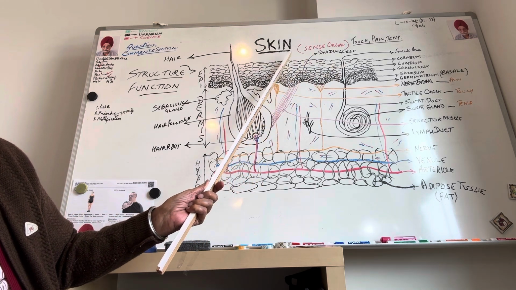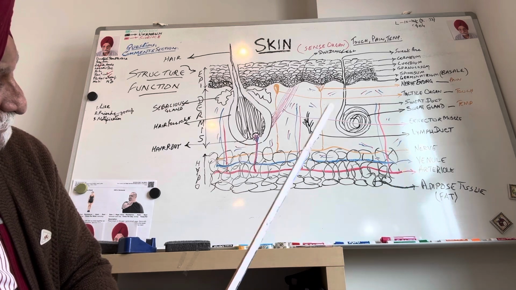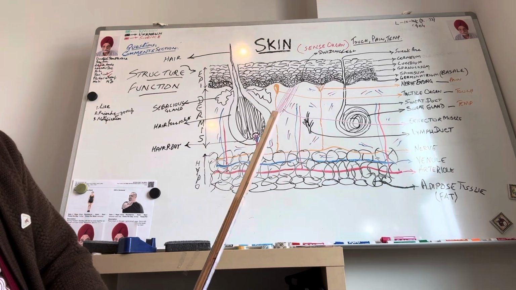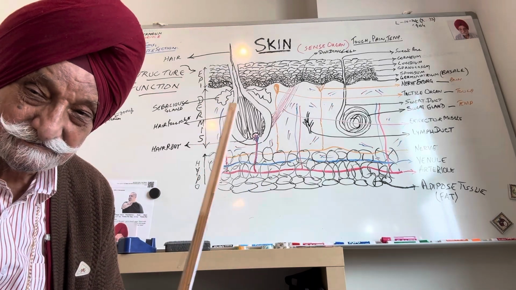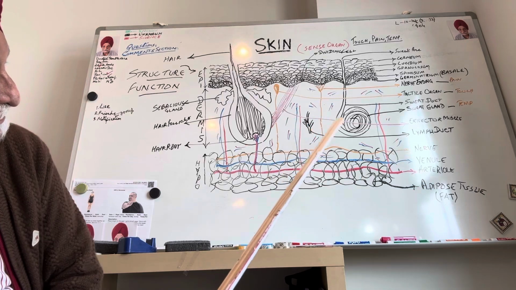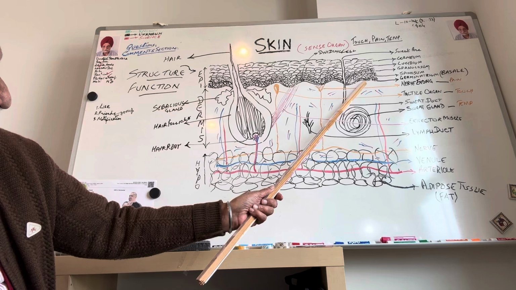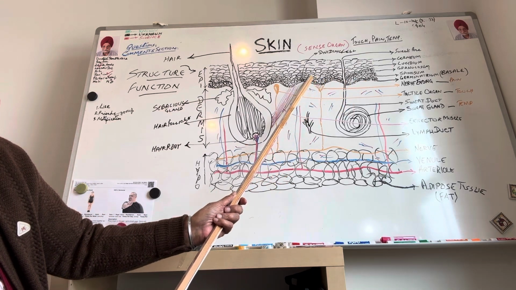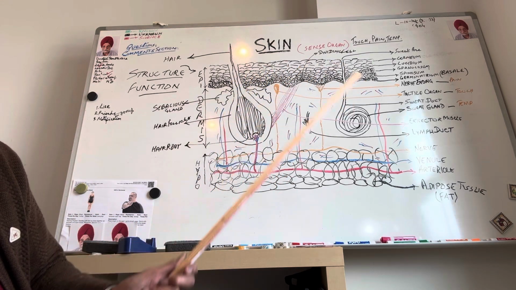You will be astonished to know that all these cells are sloughed off in 240 days, and plenty of cells are produced by cell division in the germinarium, in the lowermost layer.